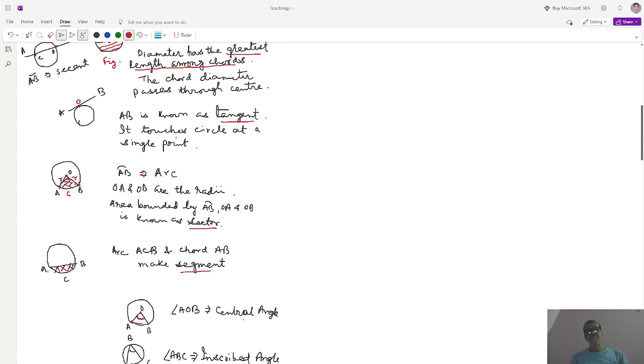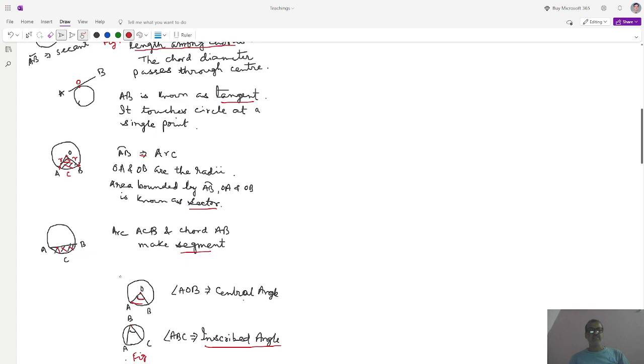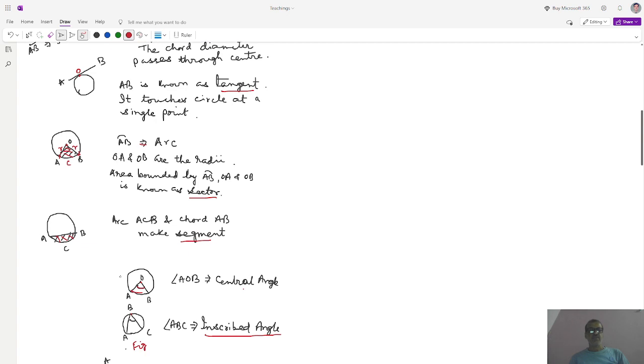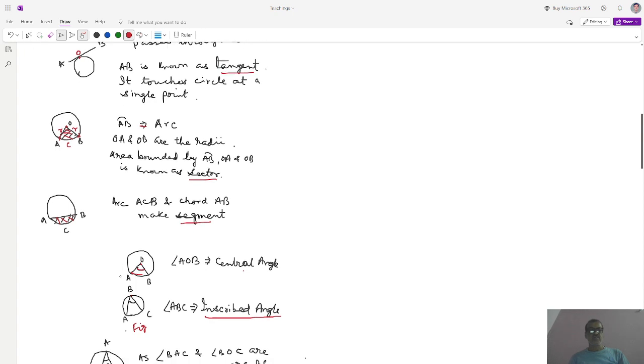Okay. Now I hope that you will be able to distinguish between sector and segment, and you will not make any mistake in recognizing sector and segment.